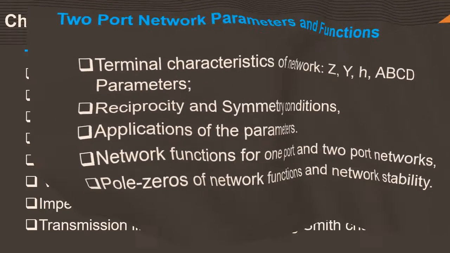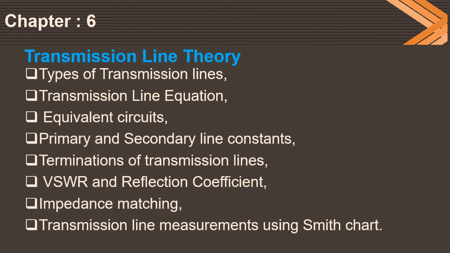Similarly, the last chapter is the transmission line theory. We will see how we can draw the transmission line considering the parameters at the input as well as the output, and in between the input and the output, how the transmission lines along with the circuitry can be connected by considering the components R, L, C, and the conductance.